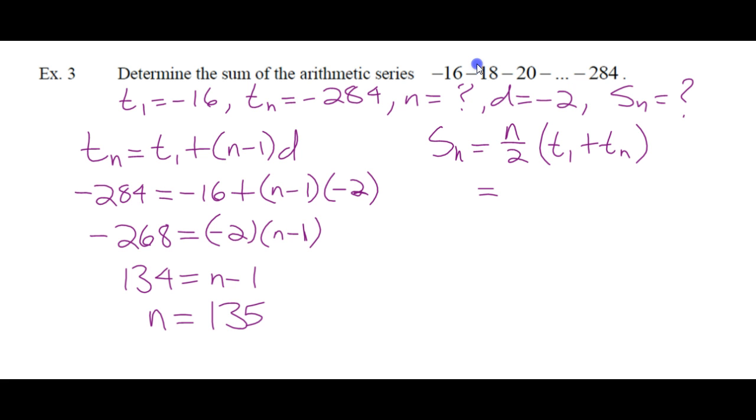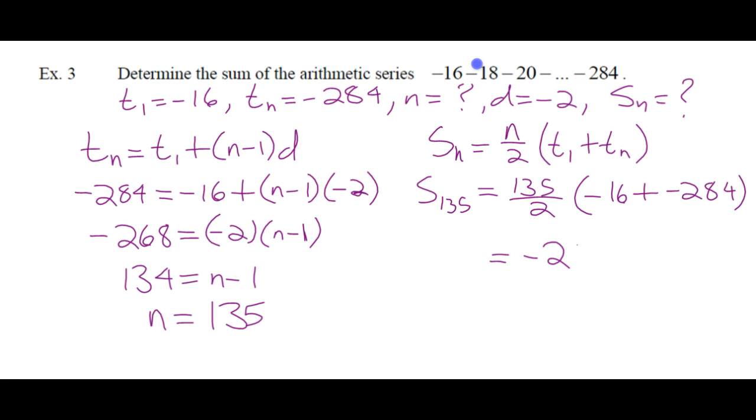All right, now we know that n, so I'm doing the sum of 135 over 2 times negative 16 plus negative 284. And that's just a calculator issue, so the answer is negative, what was it, 20,250?